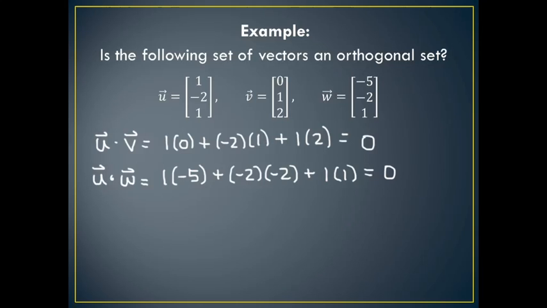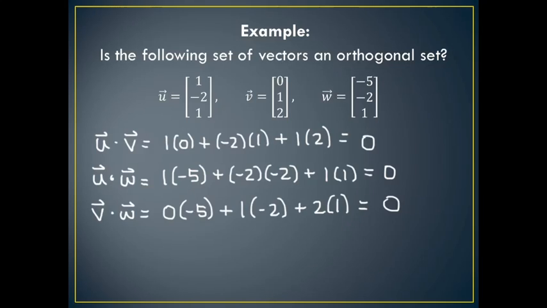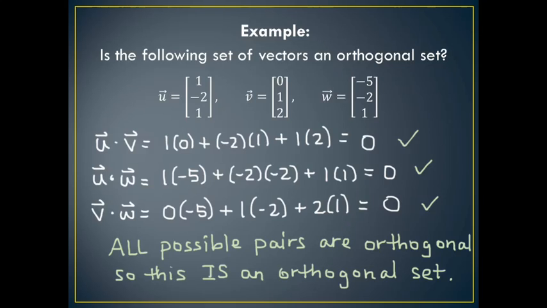For u dot w, I'll have 1 times -5 plus -2 times -2 plus 1 times 1 equals 0. And v dot w also gives me a dot product of 0. So since all possible pairs are orthogonal to each other, this is an orthogonal set. I had to get 0 for every single dot product.